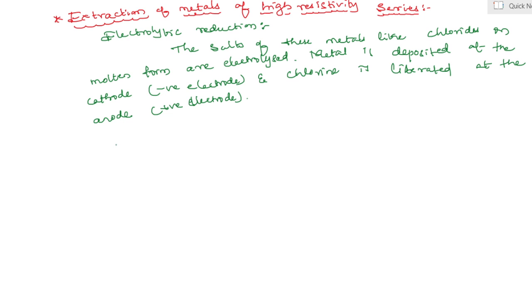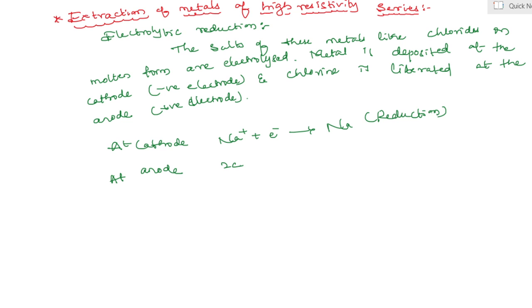At cathode: Na+ + e- gives rise to Na, which is reduction. In the same way at anode: 2Cl- gives rise to Cl2 + 2e-.